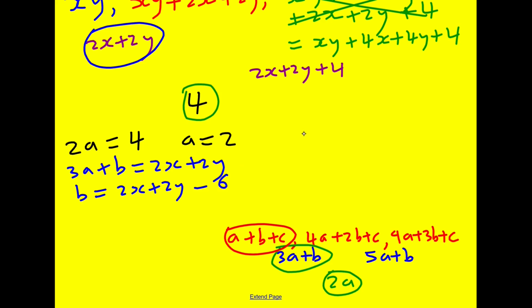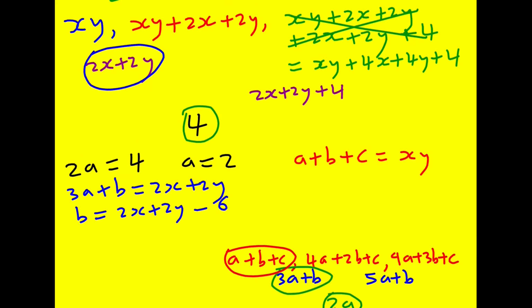And finally, I know that a plus b plus c is going to equal xy, because that is my first term. I'm just comparing this with this. So a is 2, b is 2x plus 2y minus 6, and I've still got my plus c, and that is equal to xy.